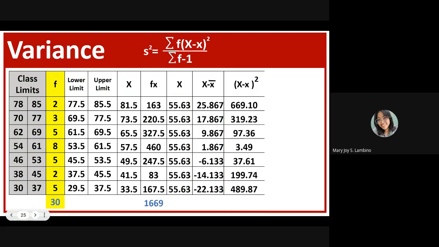And these are the answers: 69.23, 80, 319.23, 97.36, 3.49, 37.61, 199.74, and 489.87.